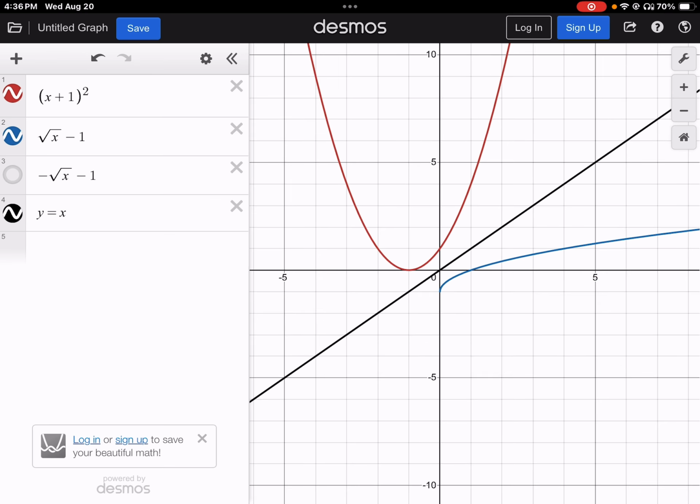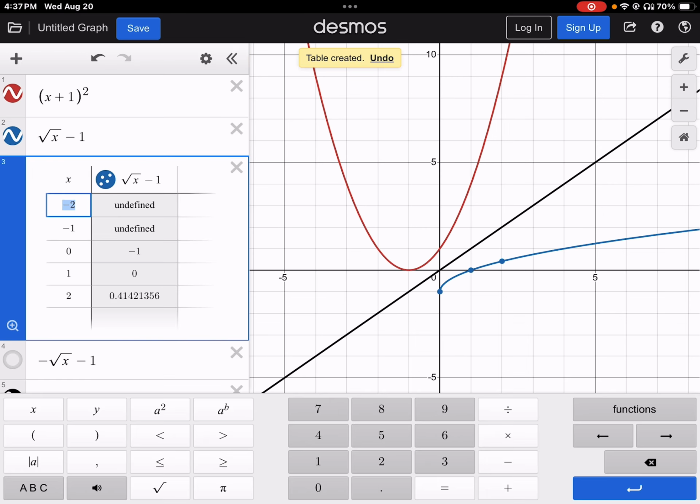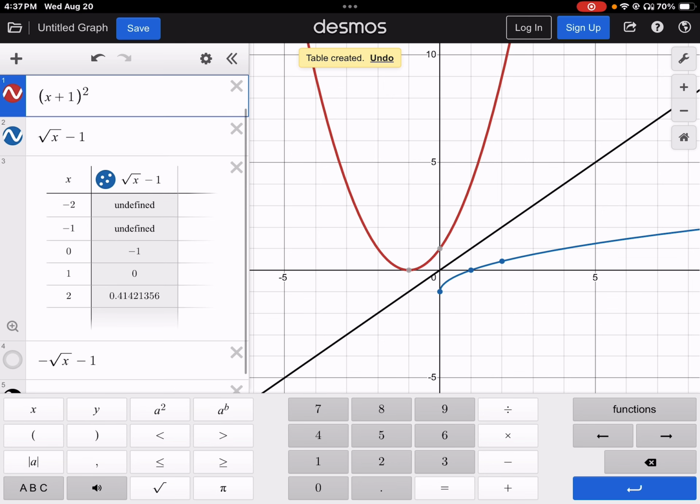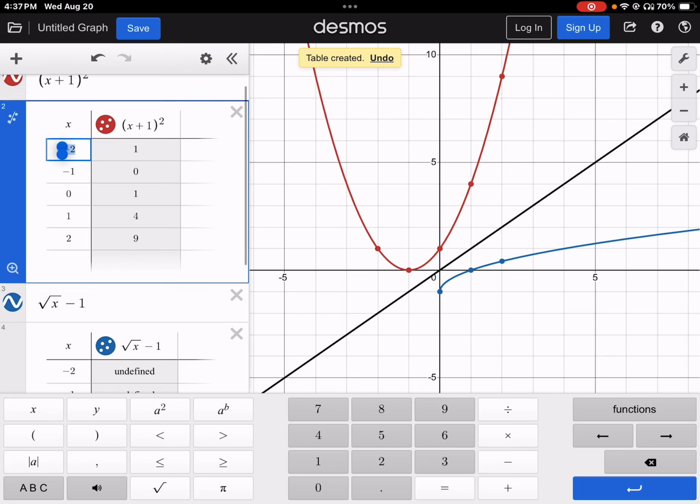But this half, this blue part, isn't the entire picture of my red part. But they came from each other. It is still the inverse, but it's only half of the inverse. And so the question is, well, what half is it? So one of the first things I can do is look at the table of values of these. We know that in a table of values, our x and our y should be switched.